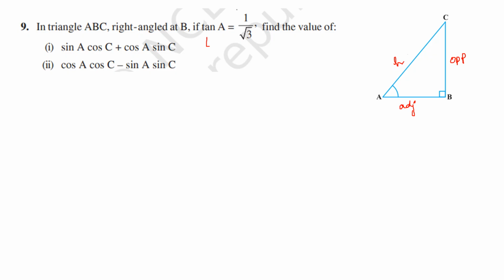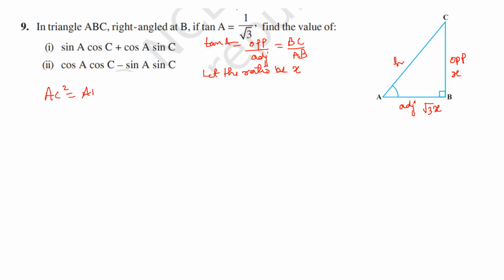So tan A means it is opposite by adjacent, isn't it? Opposite is BC by AB. So let the ratio be x. If I take ratio as x, my BC will be x and AB will be root 3 x. So let's find the hypotenuse using Pythagoras theorem.